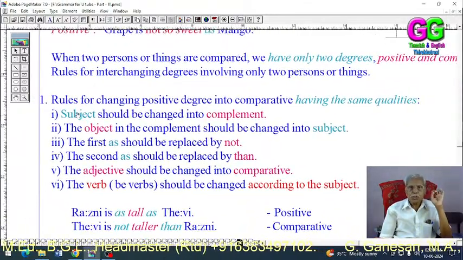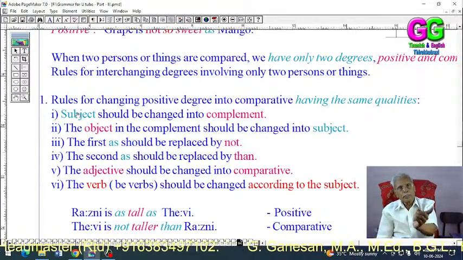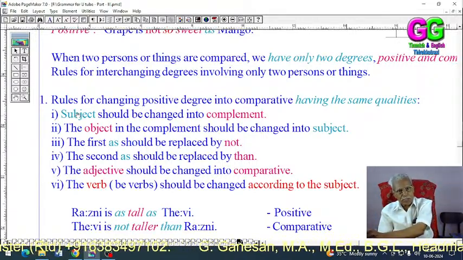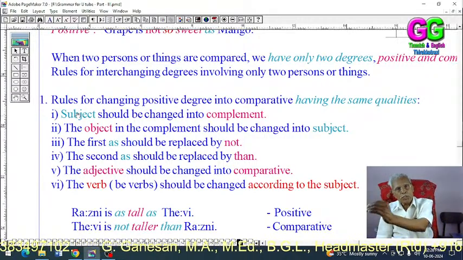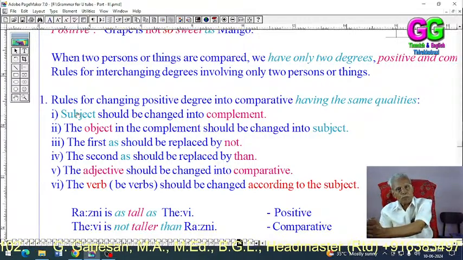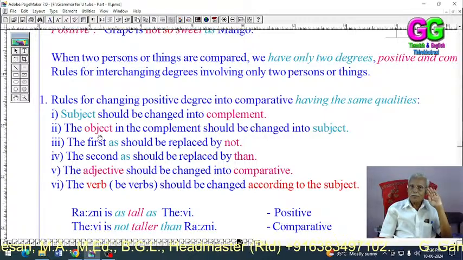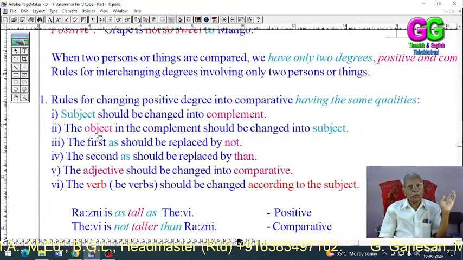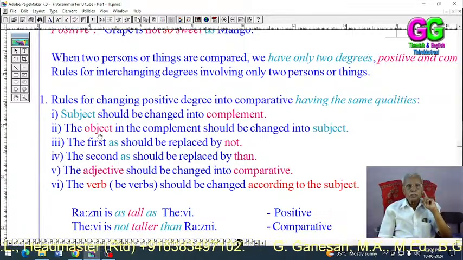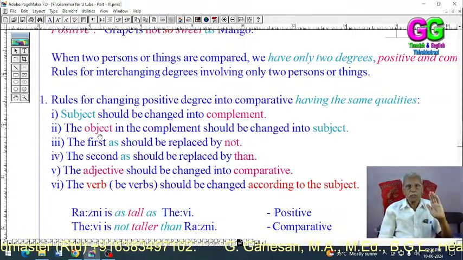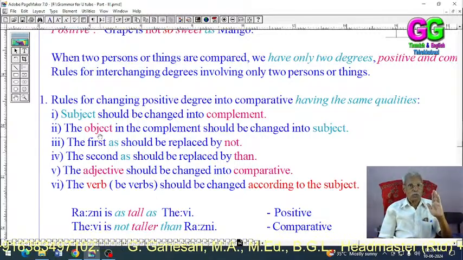See, first, the subject should be taken into the position of the object, that is, the complement. The subject should be replaced to the position of the complement. Then the object should be replaced to the position of the subject. Then thirdly, the verb, that is the be verb. In comparison of degrees, mostly be verbs are used.